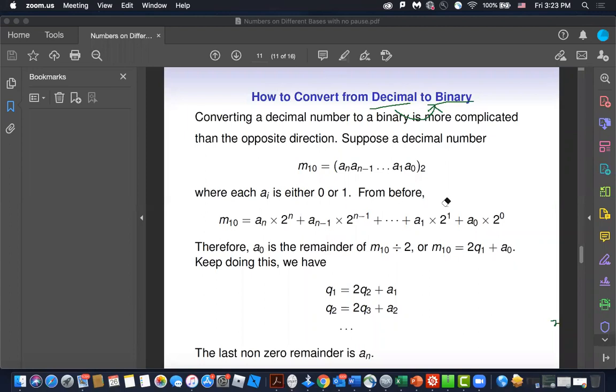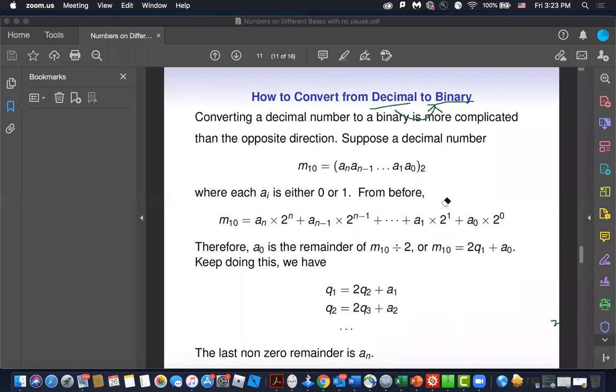This direction is much more complicated than the other direction we have just discussed. This is somewhat challenging. Not too bad, but definitely more challenging than the previous direction.